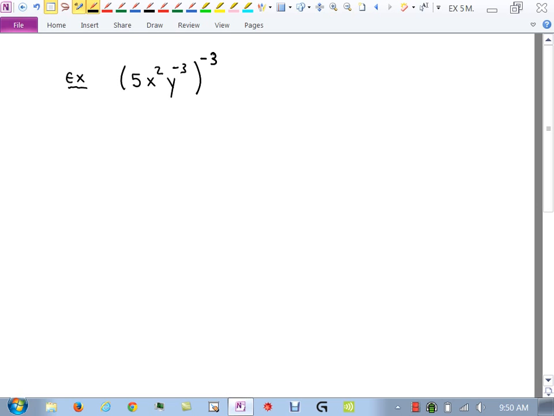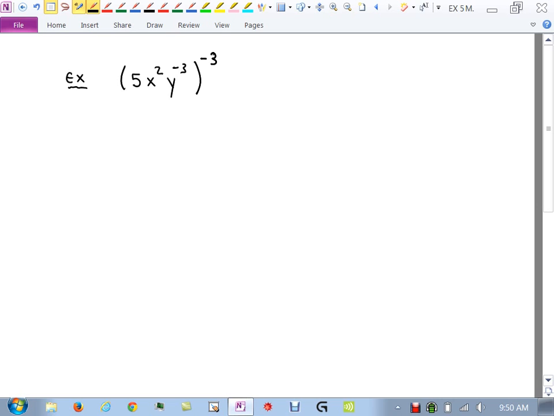Look in the parentheses. Can you do anything in here? No, right? Well, how about that negative 3 on the y? Right here. Not out here yet, just this right here.